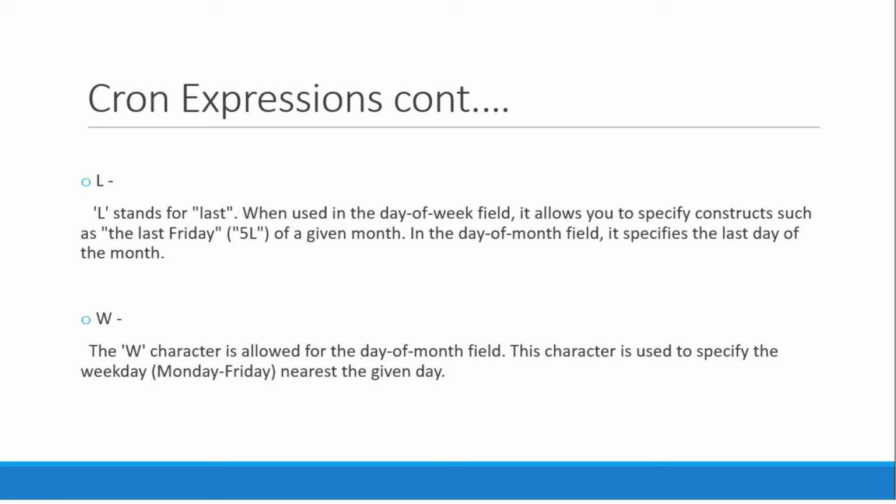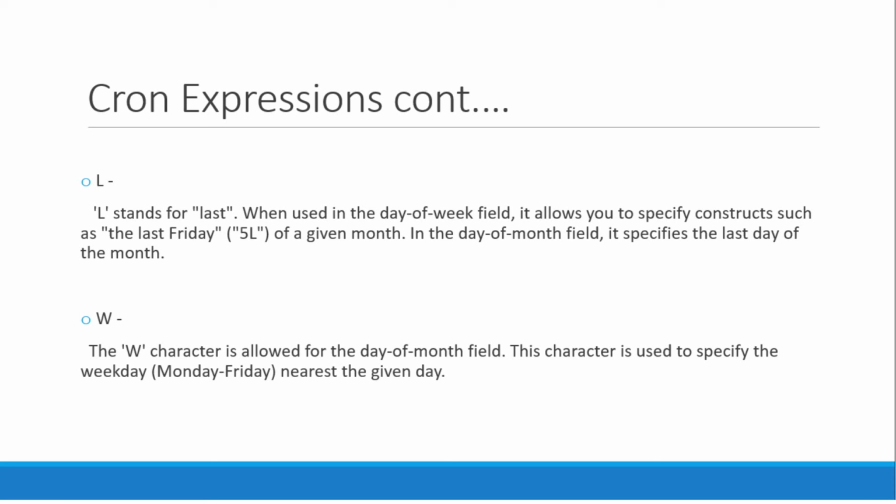And then this W. If we are using these, that means the cron expression is really complex. But with this W, we can make the trigger identify weekdays. So we can create a cron expression to say the nearest weekday to the 5th of October.